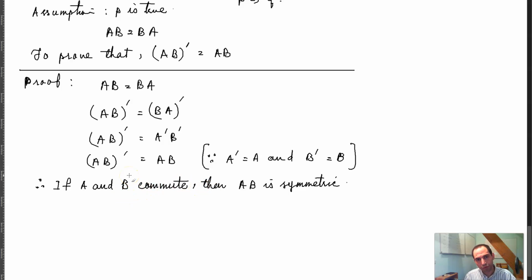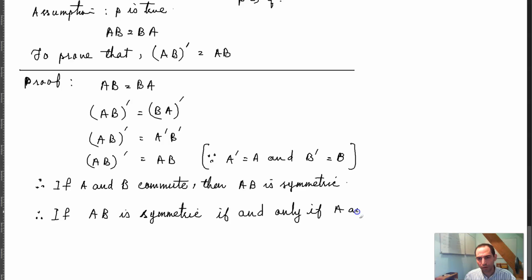Therefore, you can put the whole thing together and say that AB is symmetric if and only if A and B commute.